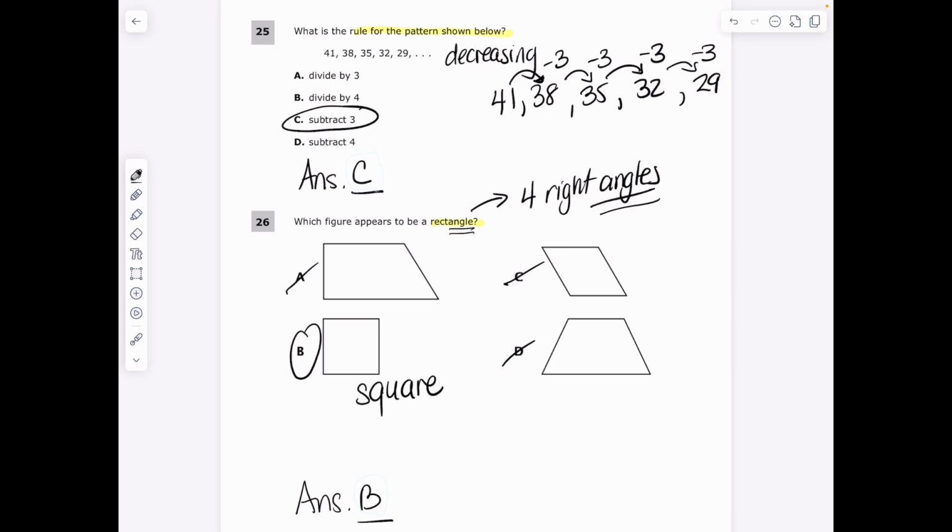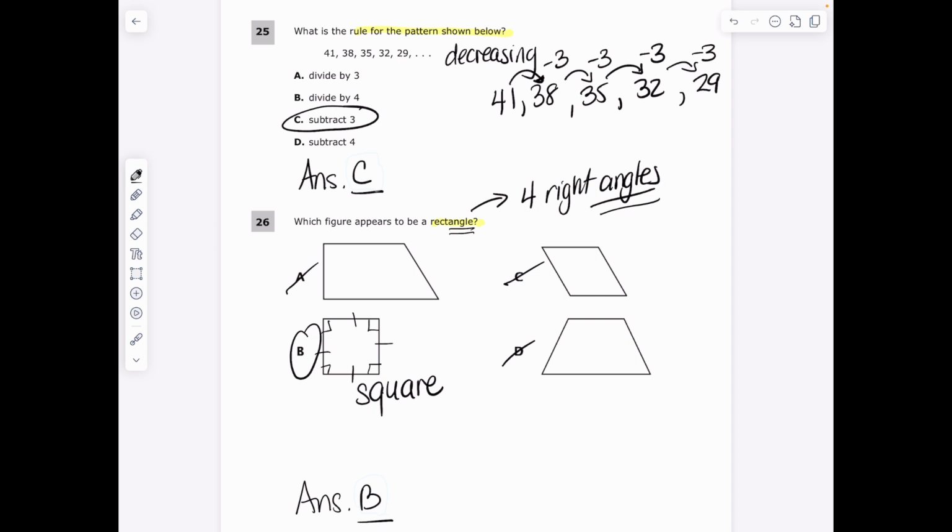Squares are rectangles because they are quadrilaterals with 2 sets of parallel lines and 4 right angles. The only thing that makes it a special rectangle is that all sides are also equal, but it's still considered in the rectangle family because it has 4 right angles.